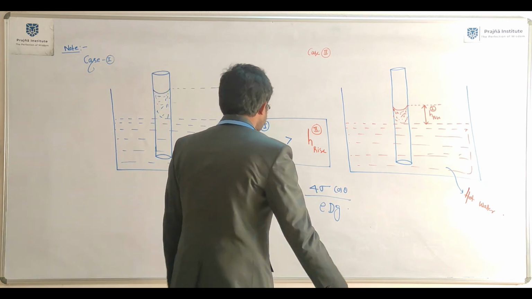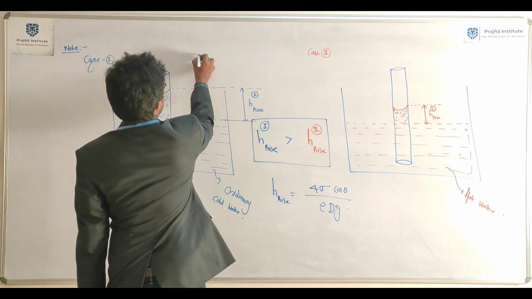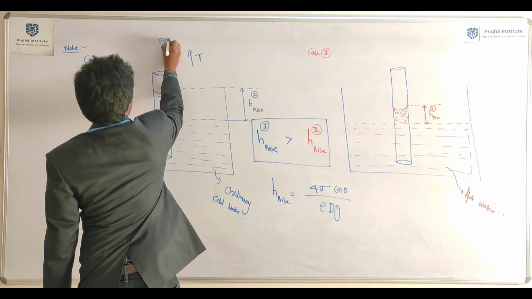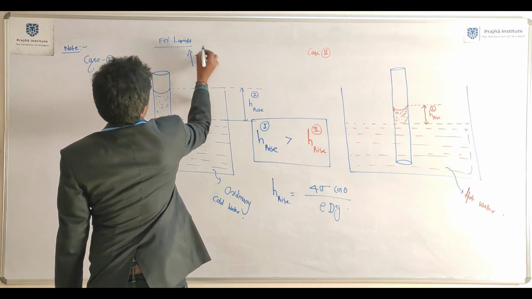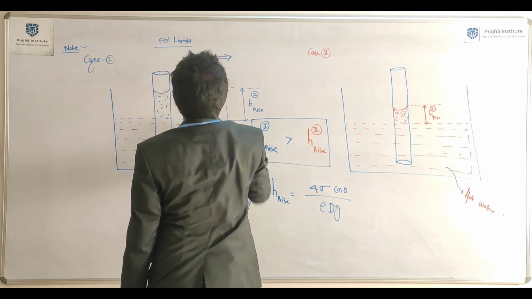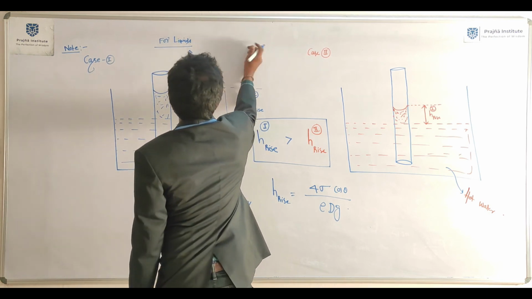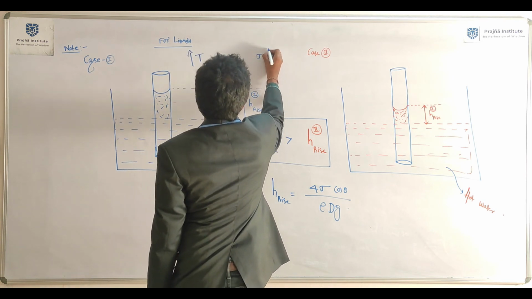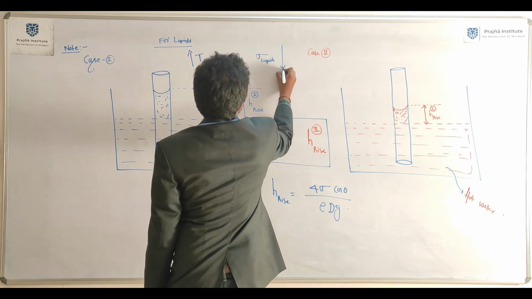But sigma, with increasing temperature, for liquids, when temperature increases, the surface tension of the liquids decreases.